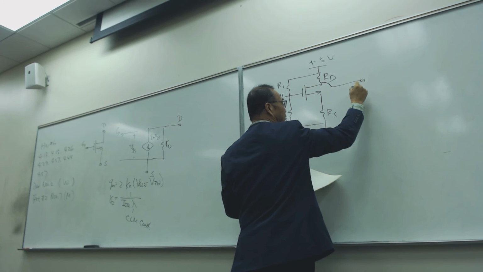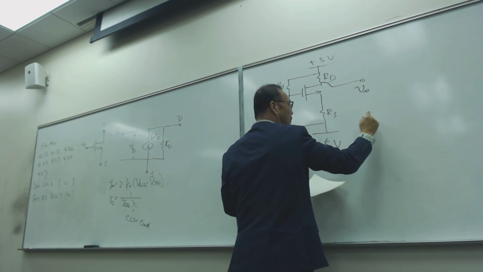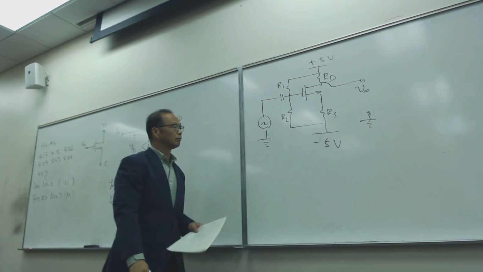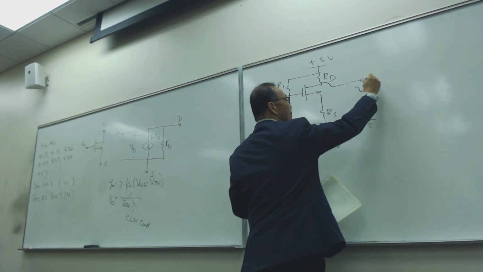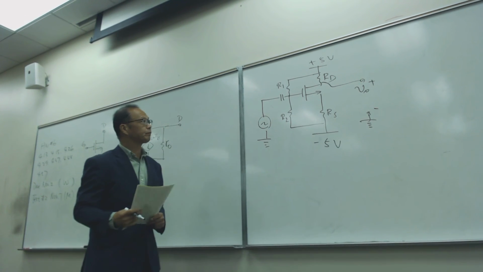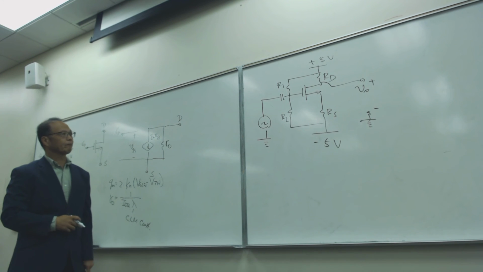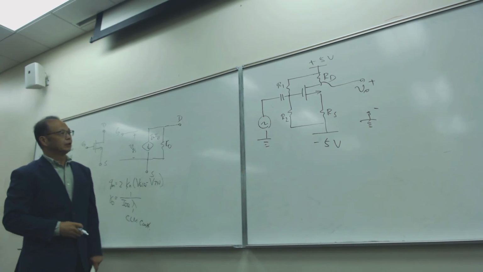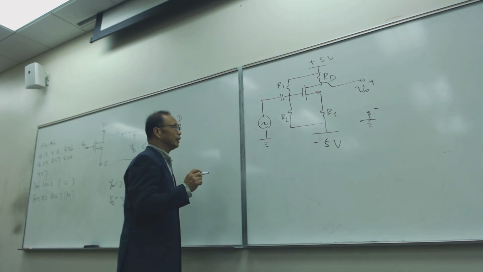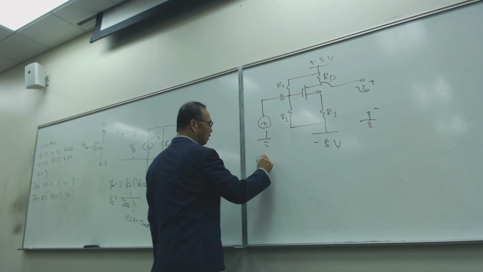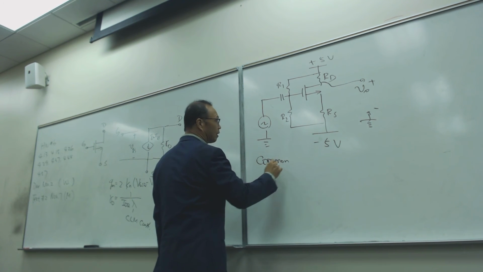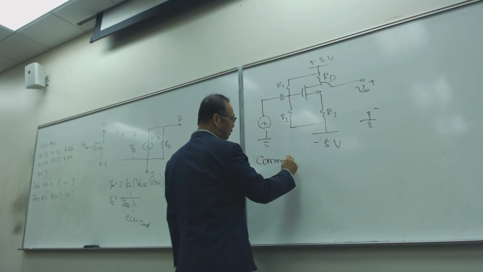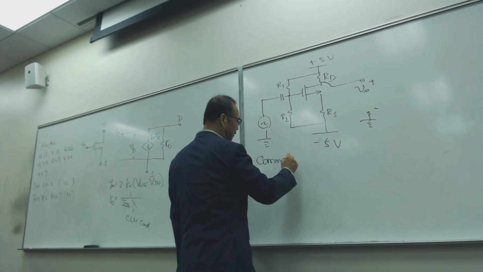And you take this out as your source to the ground. So this type of amplifier is called the common, what is it? Common emitter. I'm sorry, not emitter. Common source.